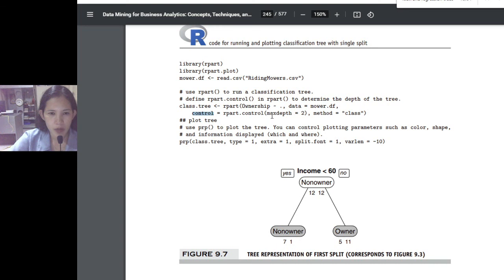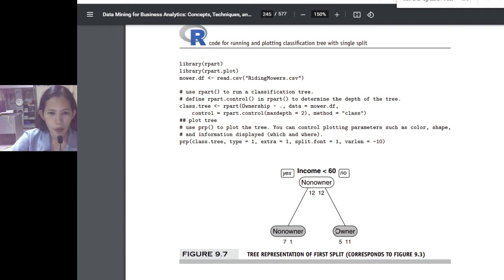So here we use the max depth equals to 2, and the method is class. To show the tree, we have the following script: prp, then the name of our tree is class.tree, the type is 1, extra is 1, split.font 1, and varlen is equals to -10, and this will be our output.